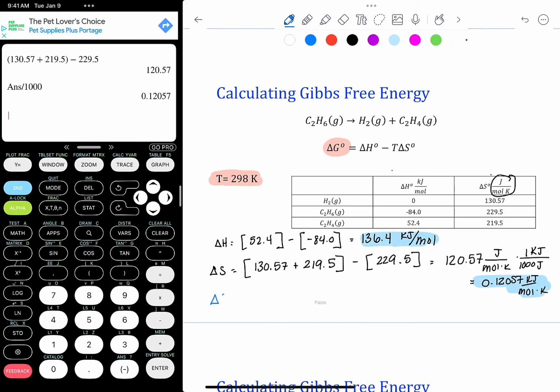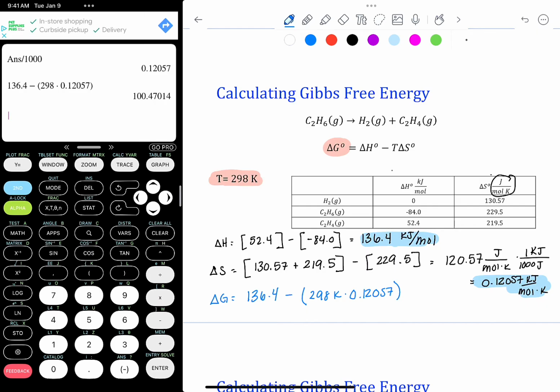So we get delta G is equal to delta H, 136.4, minus the temperature 298 Kelvin times the delta S, 0.12057. So we get 136.4 minus 298 times 0.12057.